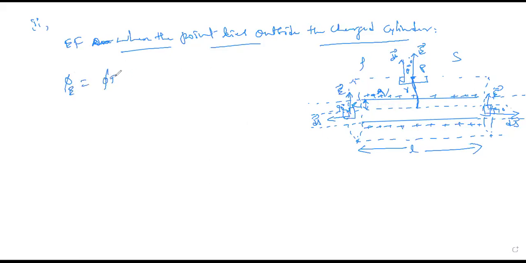You will get the closed integral of E dot dS, and from here we can write E into integral dS, which gives E into S, where S is the cylindrical surface area. That is E into 2 pi r L, because r is taken small from the axis to the point, and the length of the cylinder we assumed is L. So this is the total flux coming out of the Gaussian surface.